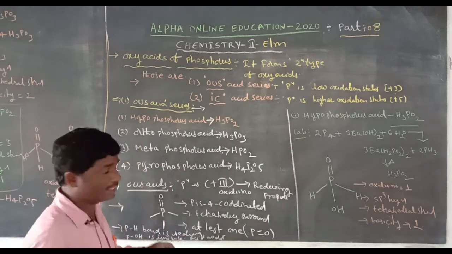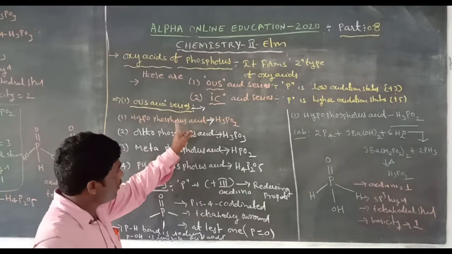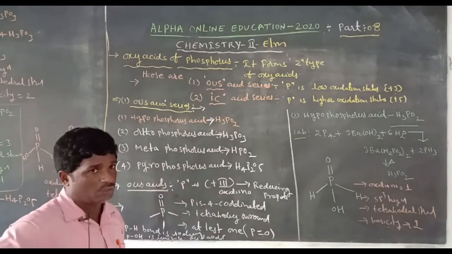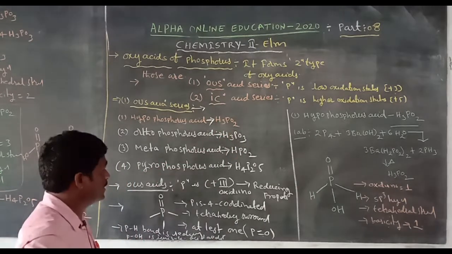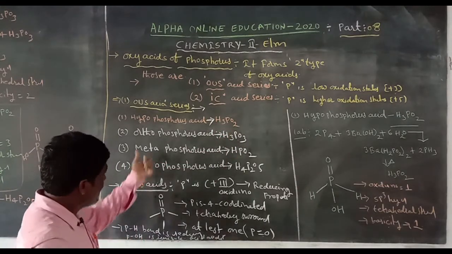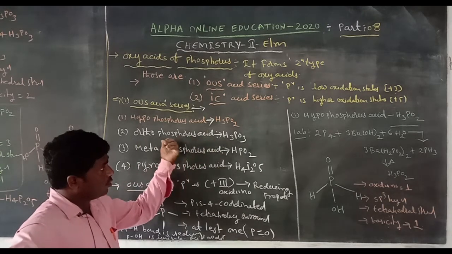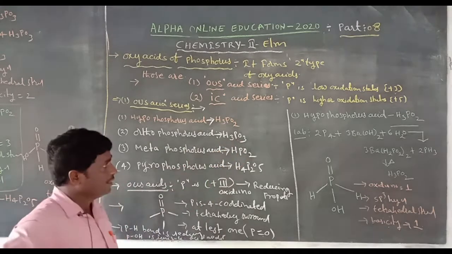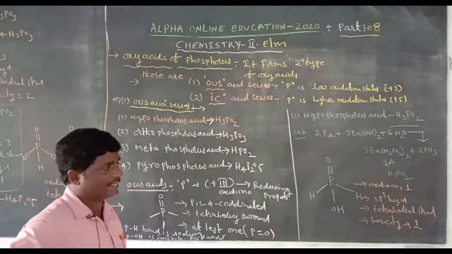Those ous acid series are, first, hypophosphorous acid, general formula H3PO2. The second is orthophosphorous acid, general formula H3PO3. Those ous acids have a lower oxidation number.